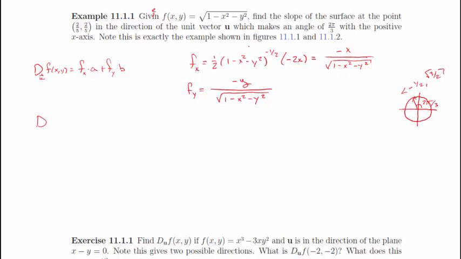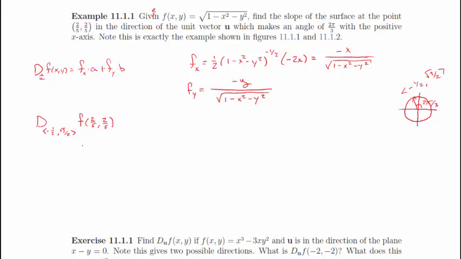So note this is exactly the example shown in figures 11.1.1 and 11.1.2. So the picture that we were looking at earlier is of this function, actually. So I want the directional derivative in the direction of negative 1/2 comma root 3 over 2 of f of 2/5 comma 2/5.